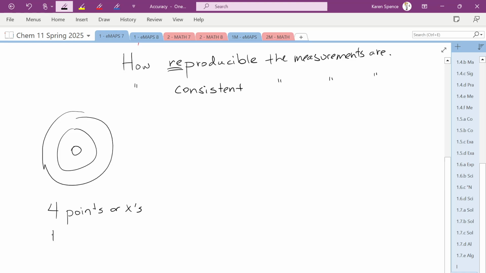So show me both accurate and precise. So you have to think, if I want it to be precise, what do you need the points to be like? If I want it to be accurate, where do I need those points to go?